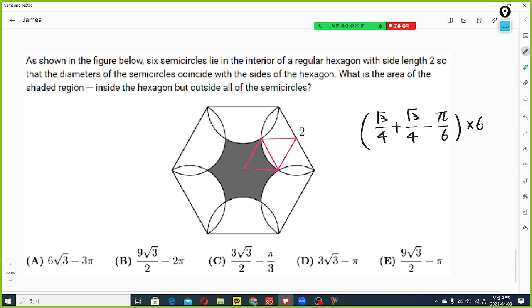So each area of the equilateral triangle is the square root of 3 over 4 when the side length is 1, and the area of the sector is pi over 6 because the radius is 1 and the central angle is 60 degrees.